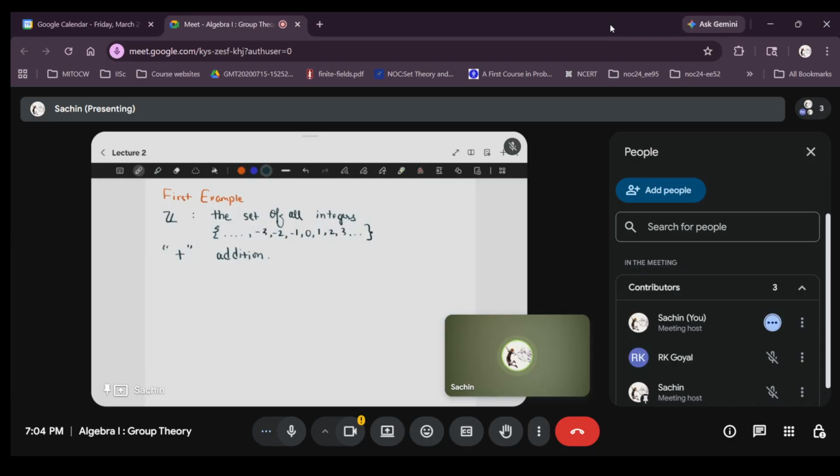So the first property we look at is that if we add two integers, so this addition is a binary operation, that is, it acts upon two elements at a time. When you add two integers, we get another integer.